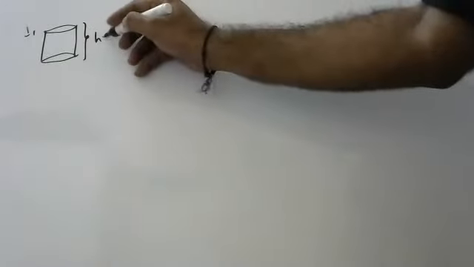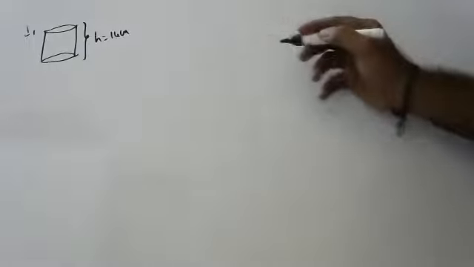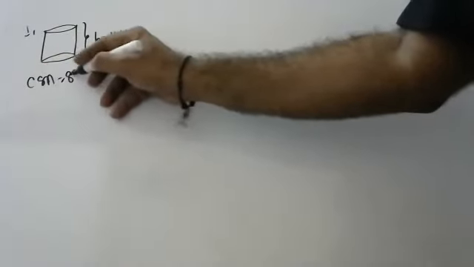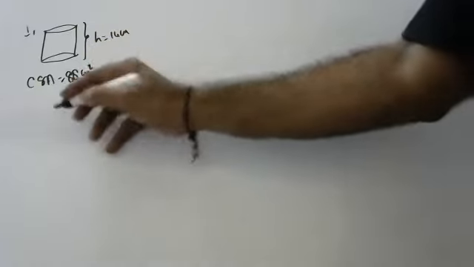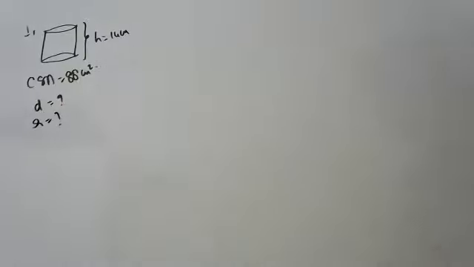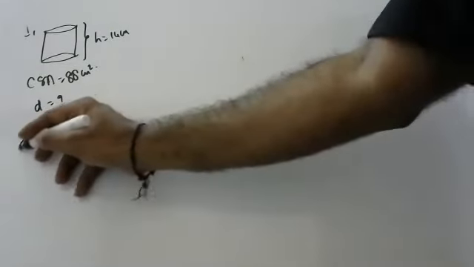Yes, sir. See, now this is a cylinder, height 14 centimeters. The CSA is given as 88 centimeters square. It asks to find the diameter, which indirectly is asking to find the radius. Tell me the CSA formula of a cylinder.